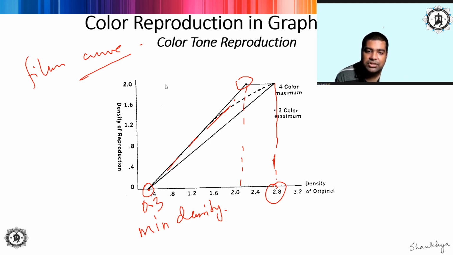In this situation, we see that this particular reproduction is not very satisfactory, but we want to increase the density such that the density of the reproduction matches the density of the original, which was 2.8. So what to do? We need to simply compress the shadow contrast so that the density range that is reproduced matches that of the original.